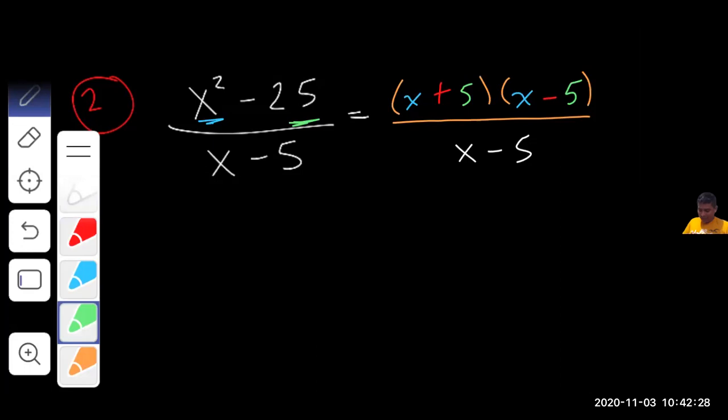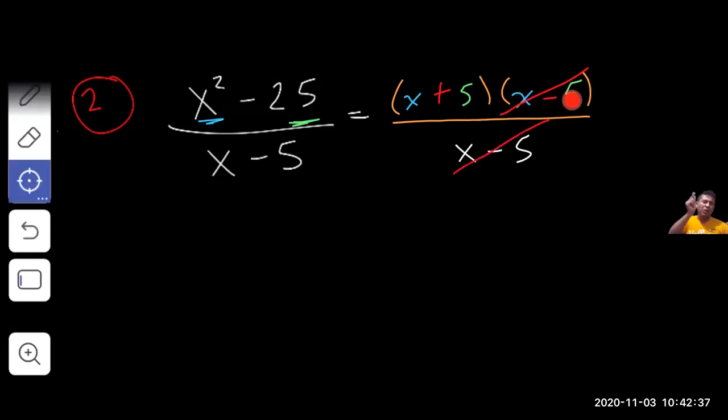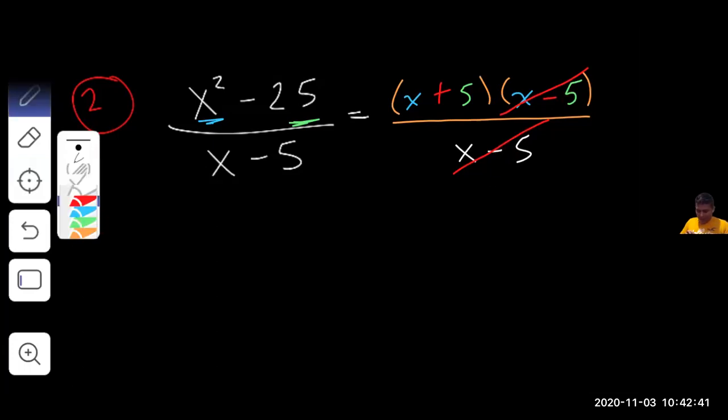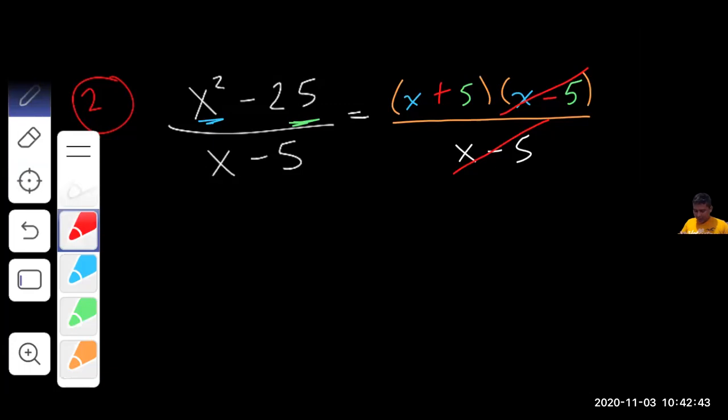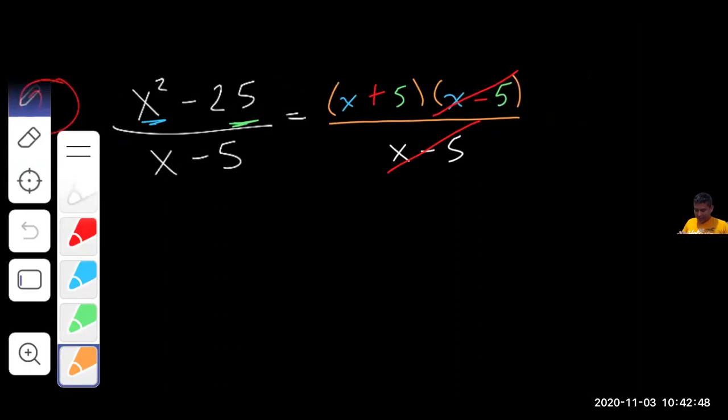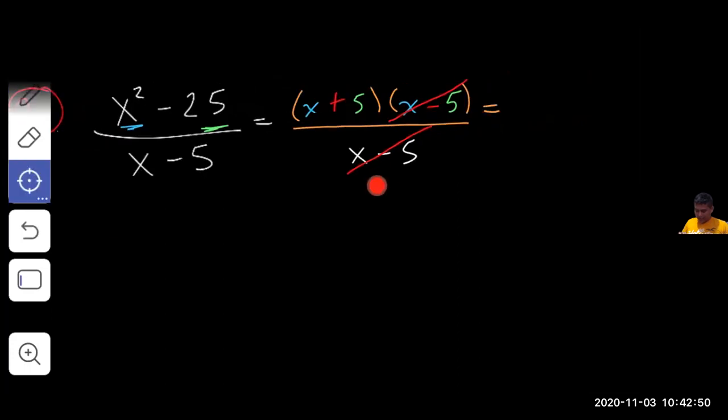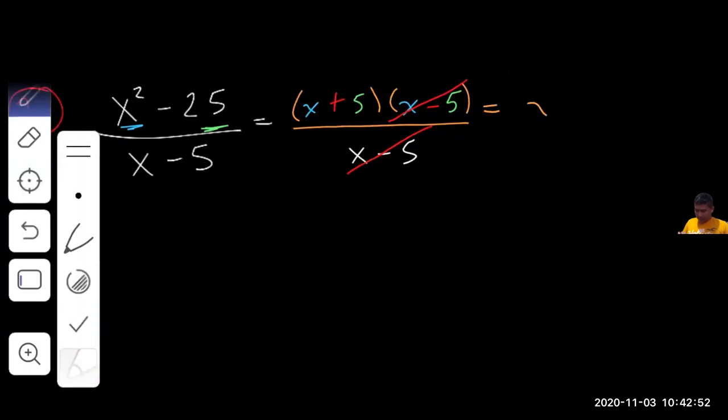Excellent, we can cancel the x minus 5 and the x minus 5. The same quantity: x minus 5 over x minus 5 is equal to 1, but we don't need to write the 1. What is going to be my final answer? Just x plus 5. This is my final answer.